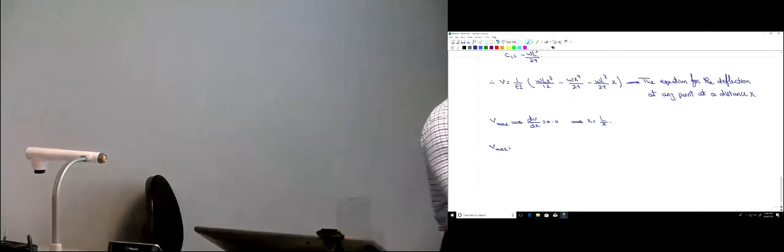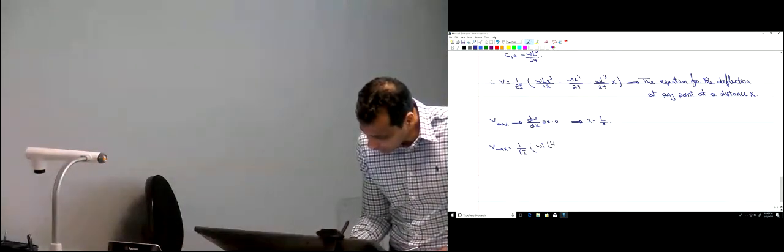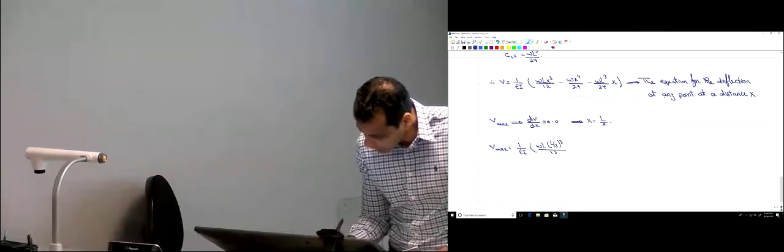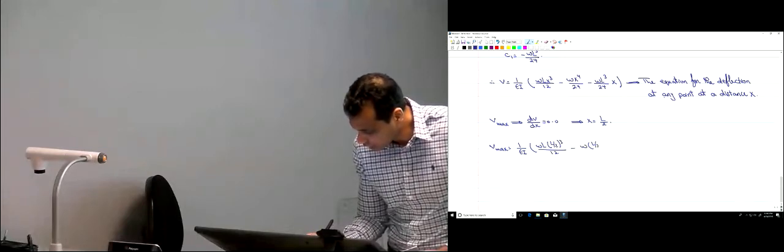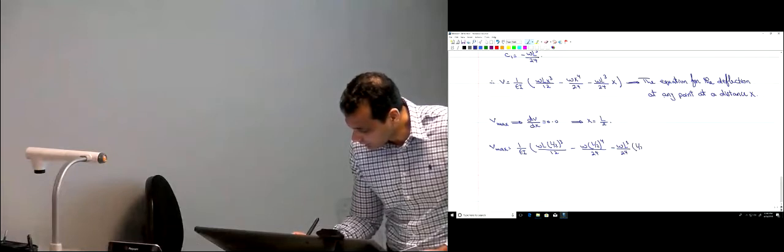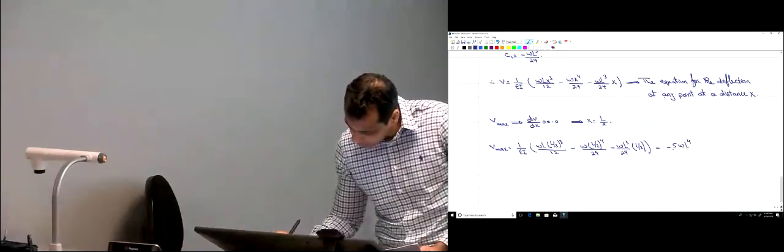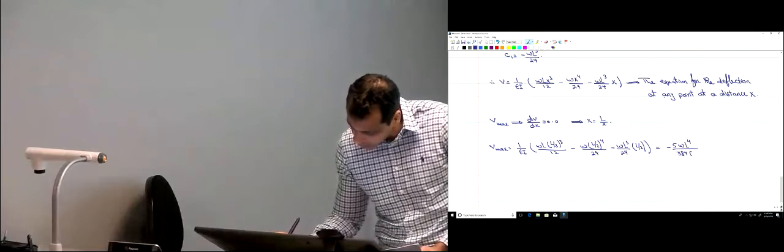Okay? So now, to find V maximum, just plug in. Every time you see x, just remove it and put L over 2. So 1 over EI, WL times L over 2 cubed divided by 12 minus W times L over 2 to the power 4 divided by 24 minus W L cubed divided by 24 times L divided by 2, and V max is going to be negative 5 W L to the power 4 divided by 384 EI.